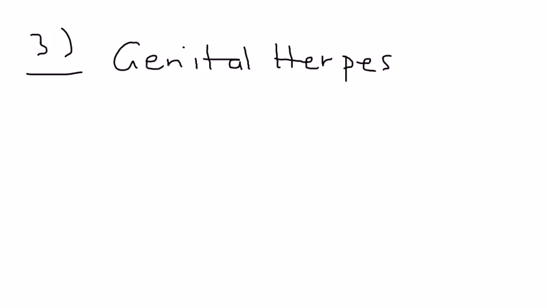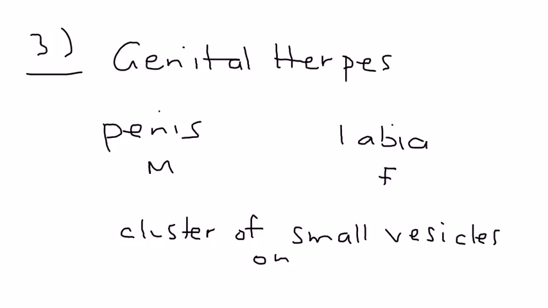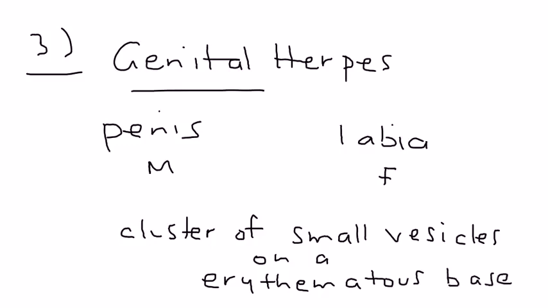And basically what you have is, on either the penis in a man or the labia in a female, the very similar type of cluster of small vesicles on an erythematous base. So very similar to the previous description, but this time it's appearing in the genital area.